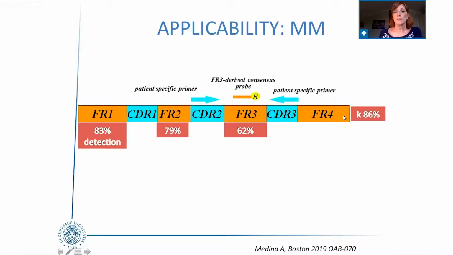When the authors used all these frameworks and added also light chain rearrangement, they had 100% of successes. So this is a reality with the LymphoTrack kit that allows us to combine different frameworks.